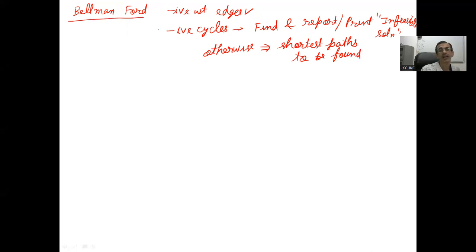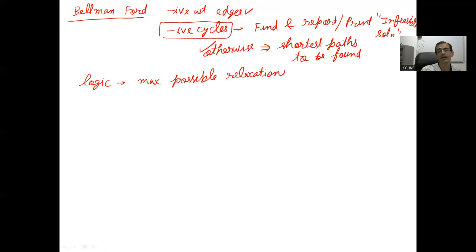So Bellman Ford allows all this except for the situation of negative cycles, and negative cycles obviously create a problem which leads to infeasible solutions. So now the question is, we wanted the logic to be developed. So I said, think of maximum possible relaxations. If there are no negative cycles, only then maximum possible relaxations are countable.